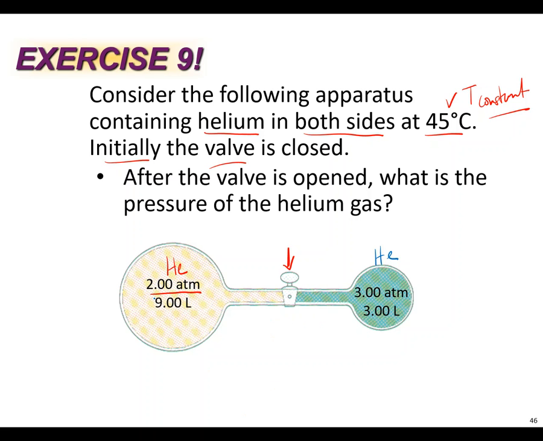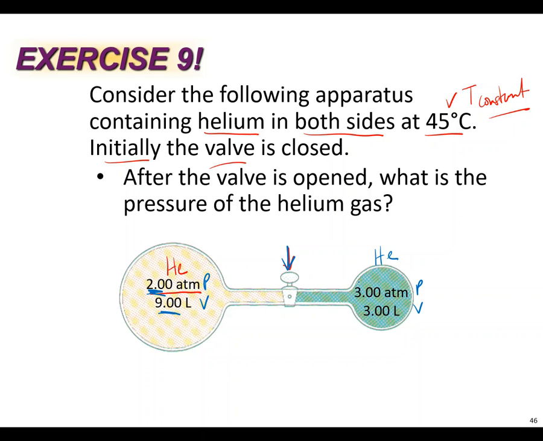So we'll differentiate that way. Now, this is the pressure exerted when we're on 9 liters of volume. So this pressure, this is volume. Over here, the pressure and the volume of this side, call it the blue helium gas. When I open this valve though, what is going to change? 9 liters originally for this gas, but now it's going to be able to creep over here to this side.